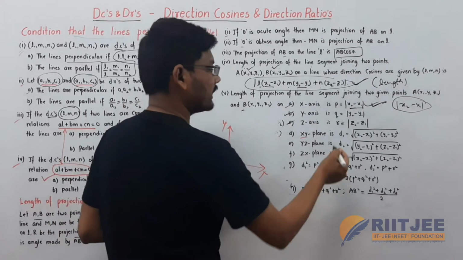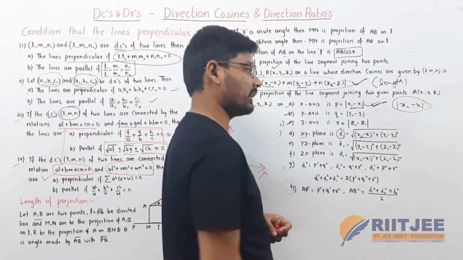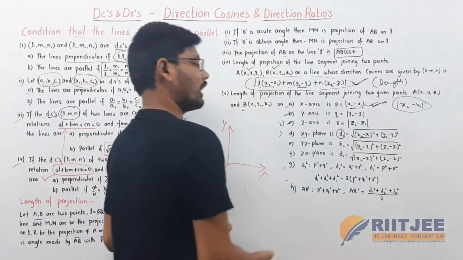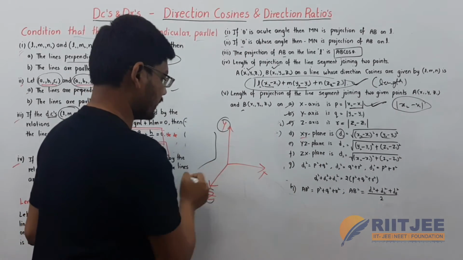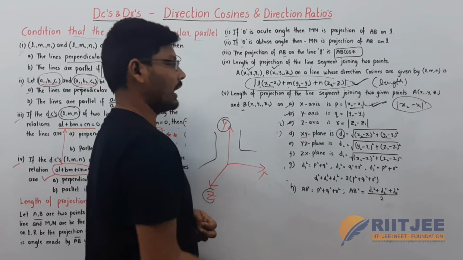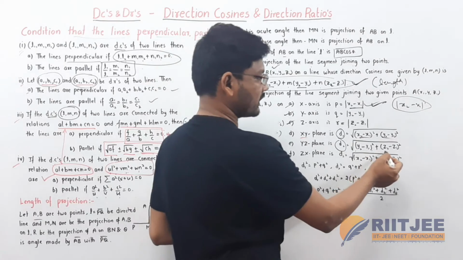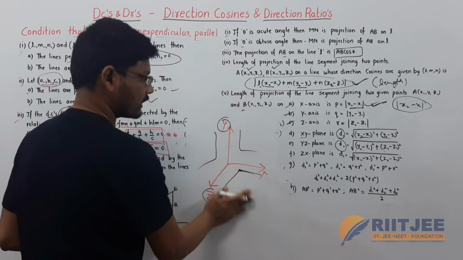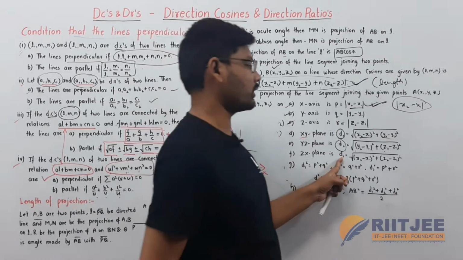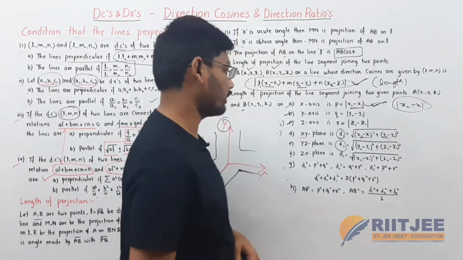So the distance d1 is equal to the square root of x2 minus x1 whole square plus y2 minus y1 whole square on the xy plane. On the yz plane, d2 will be the square root of y2 minus y1 whole square plus z2 minus z1 whole square, and this is for the zx plane. So d3 is equal to the square root of x2 minus x1 whole square plus z2 minus z1 whole square.